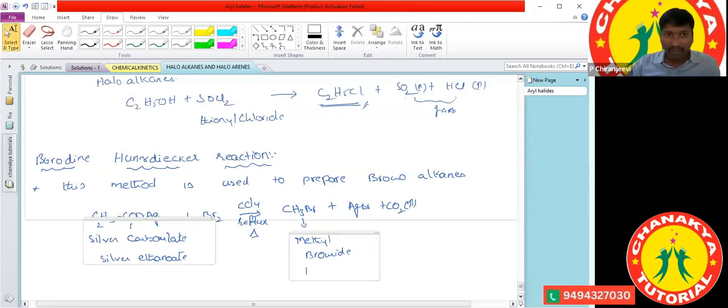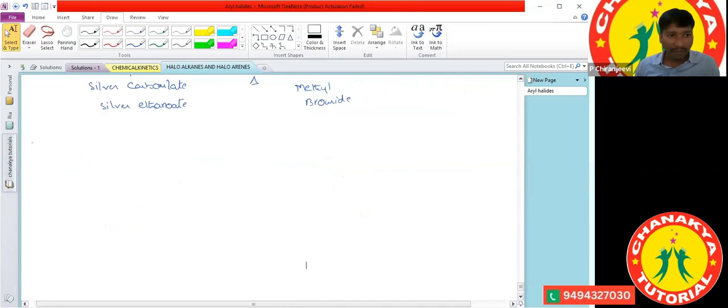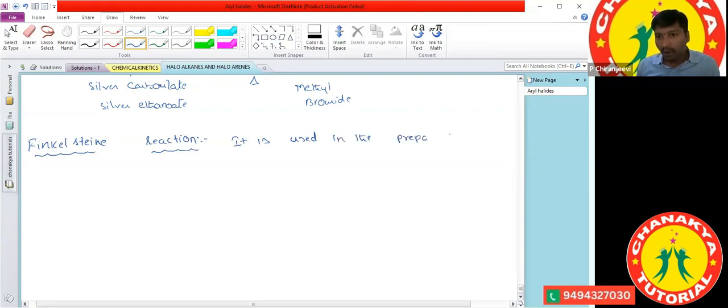Next, Finkelstein reaction. Finkelstein reaction is used in the preparation of iodides. How do we prepare them?